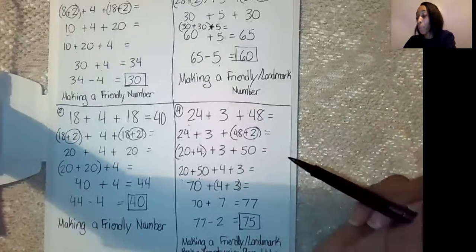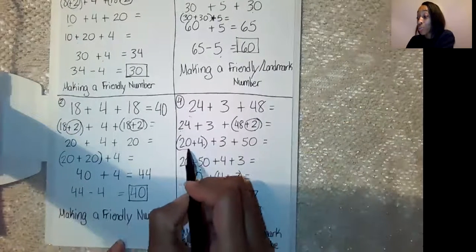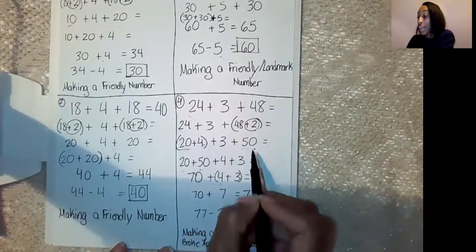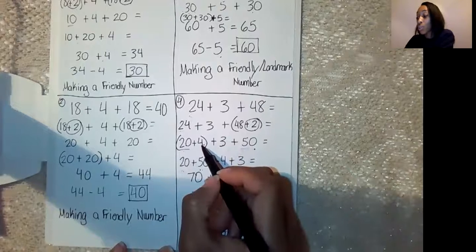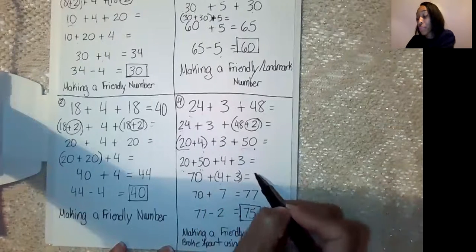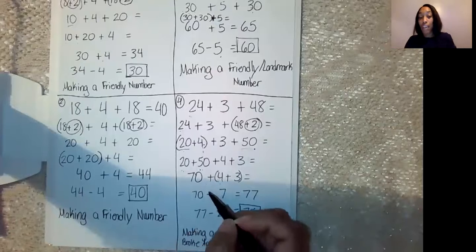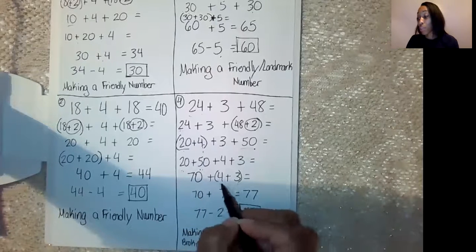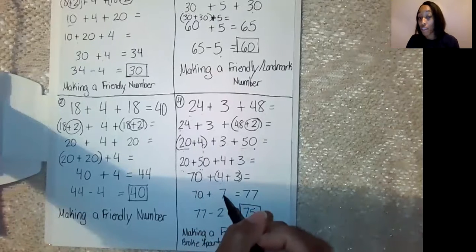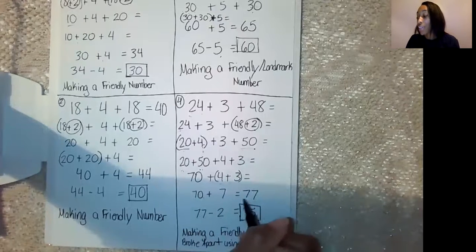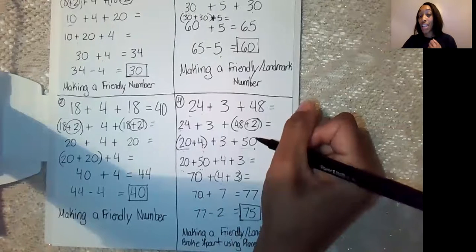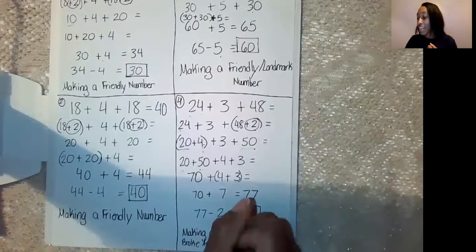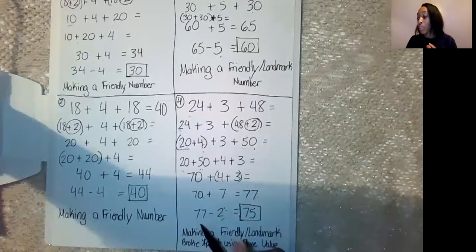So I left that there. Now I see that I have 2 numbers that were similar and said I can combine these and add them, 20 plus 50. And then those single digits, 4 and 3, I can combine those, making it easier for me to add. Now I have 70 plus 4 plus 3, 70 plus 7, because that 4 plus 3 is 7, gave me 77. But don't forget that I added up 2 to get to that landmark number earlier, so I have to take it back away. So 77 minus 2 gave me 75.